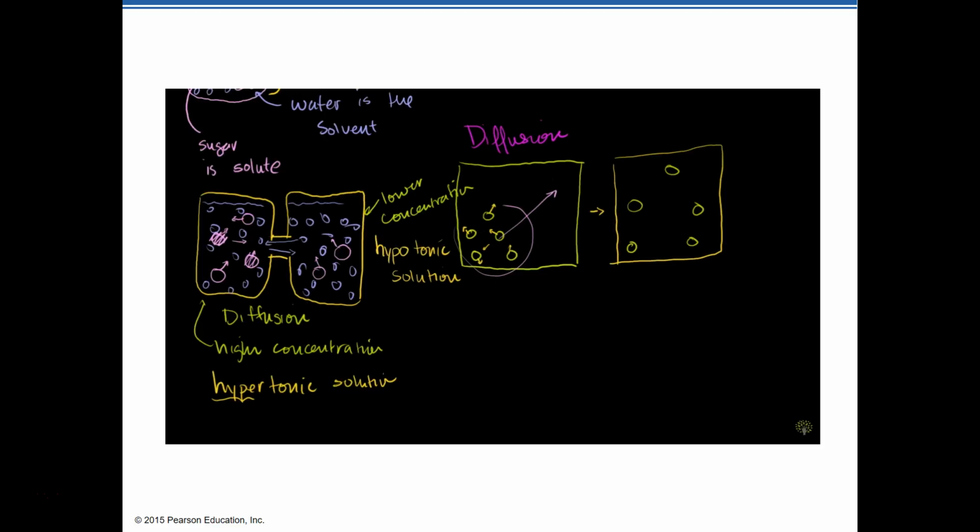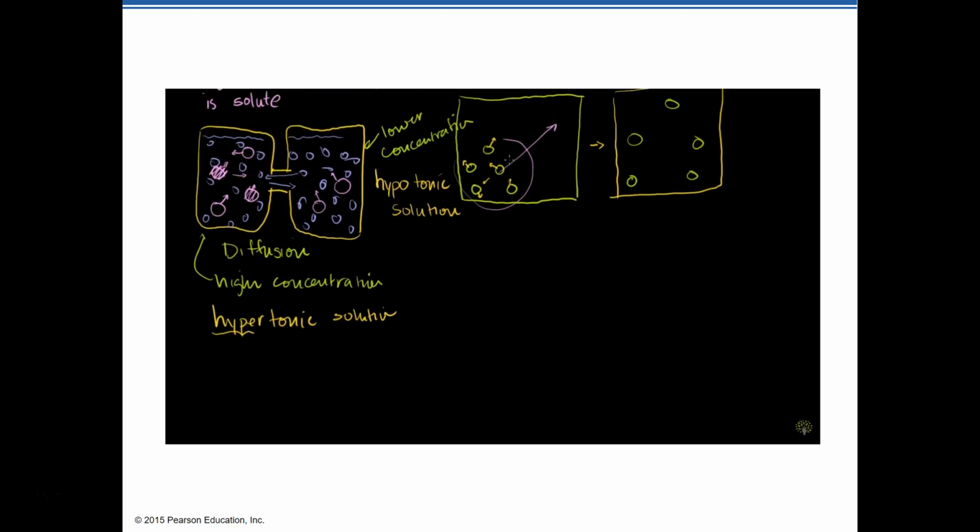So in general, diffusion, if there are no barriers to the diffusion, like we had here, you will have the solute go from a high concentration or hypertonic solution, if they can travel, to a hypotonic solution, where the concentration is lower. Now, let's do an interesting experiment here. We've talked about diffusion, and so far we've been talking about the diffusion of the solute, right?